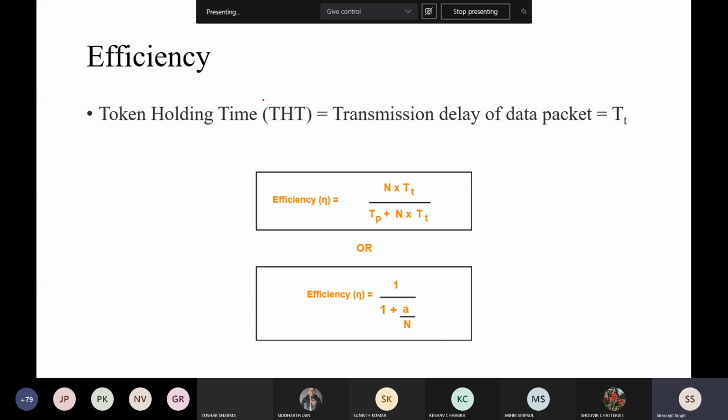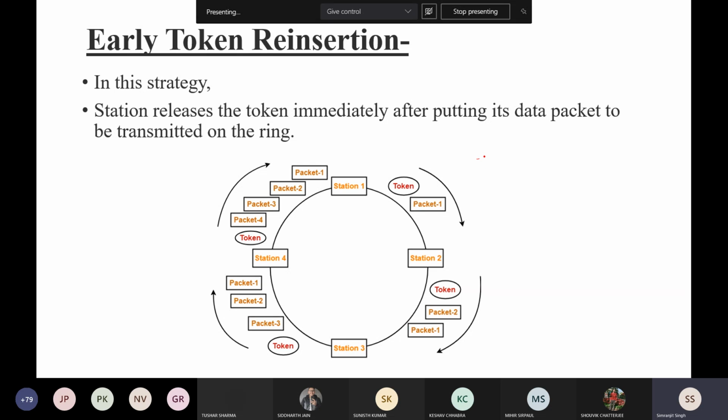So if you find what exactly the token holding time in this case will be, how much time the station holds the token: it only holds the token for the time it is transmitting the packet onto the link. When the transmission is complete, it releases the token.